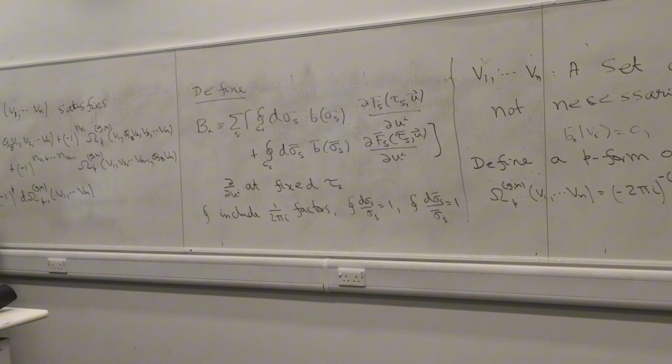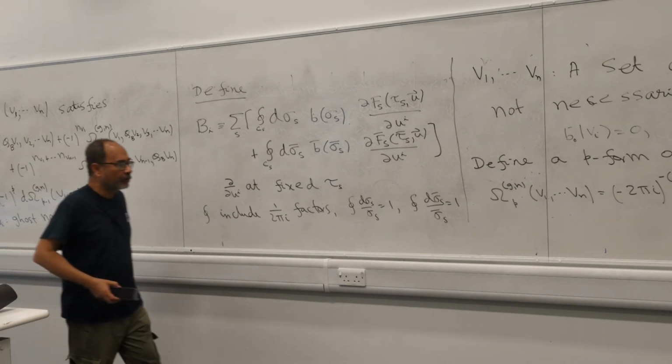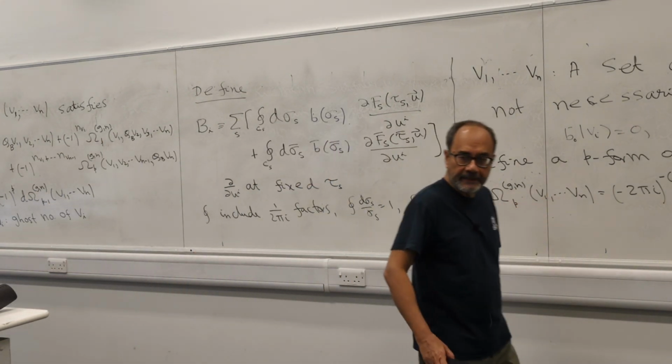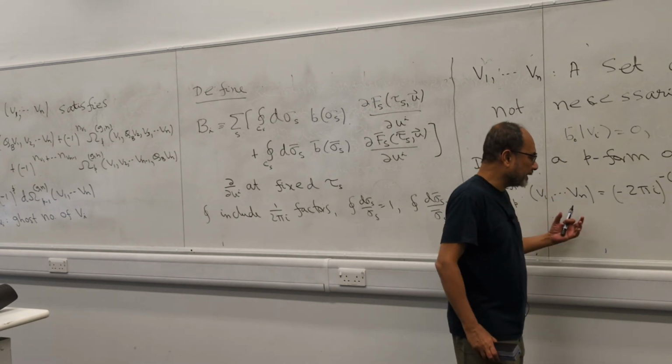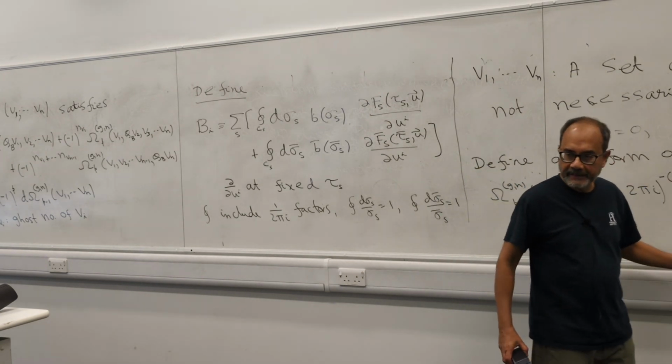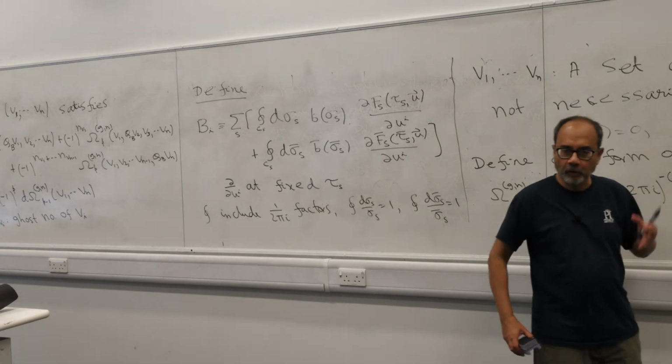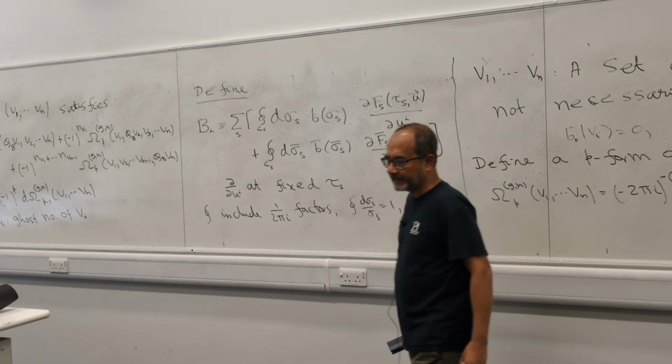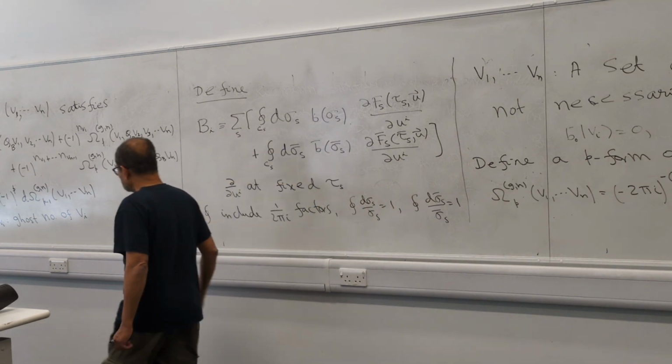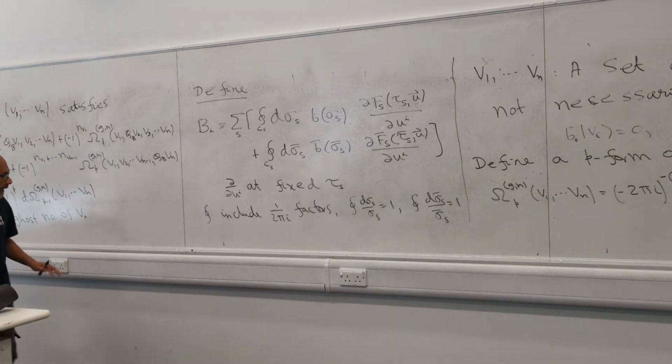So n_Vi is basically the ghost number of Vi. And here I have defined this omega for arbitrary V1 to Vn. But of course, if the ghost number doesn't add up correctly, it will give you 0, because on the genus g Riemann surface, the total ghost number better be 6g minus 6. Is this statement clear?